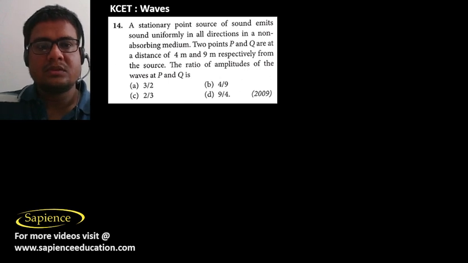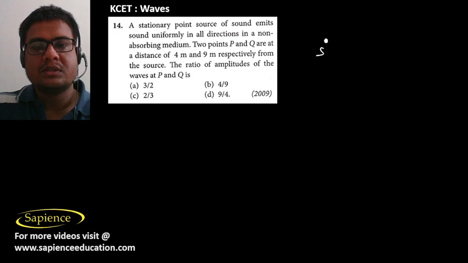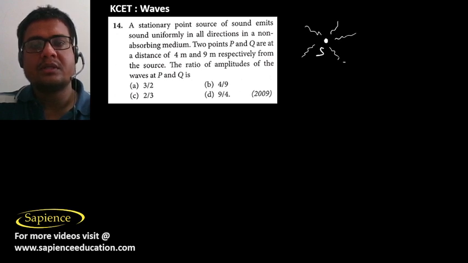Then it is told that there is a stationary point source of sound, it emits sound uniformly in all directions in a non-absorbing medium. Two points P and Q are at a distance of 4 meter and 9 meter respectively from the source.